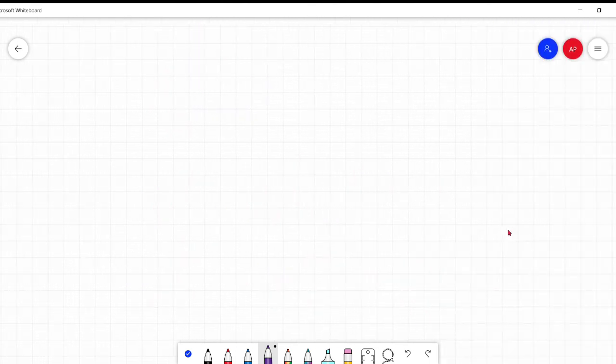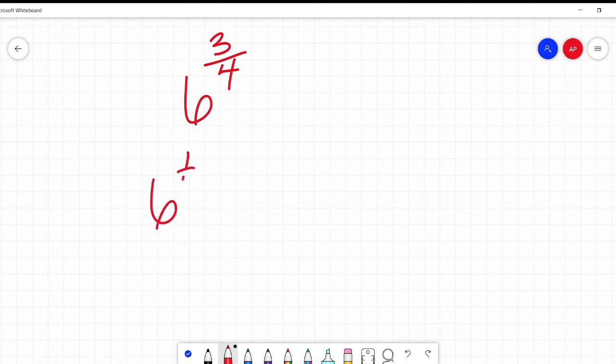What if I had, say, 6 to the power of 3/4? Well, 6 to the power of 1/4 times 6 to the power of 1/4 times 6 to the power of 1/4.